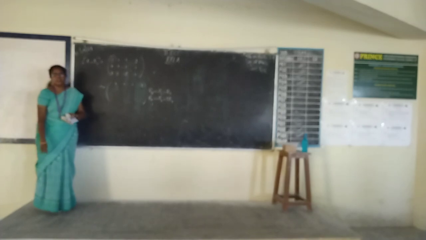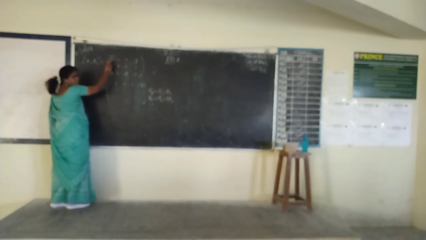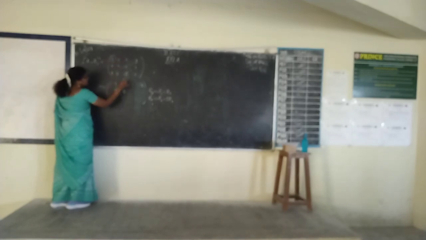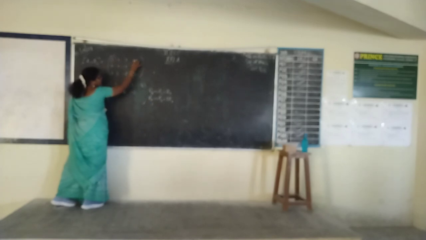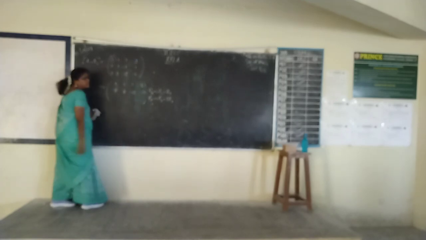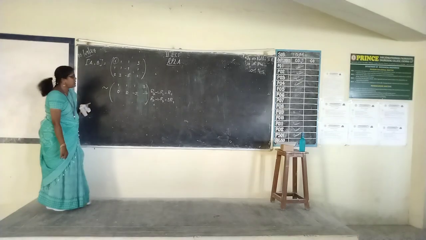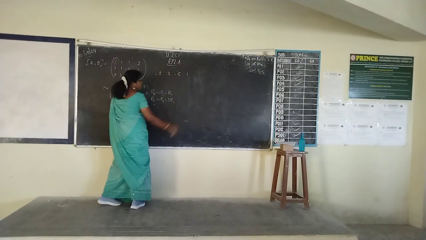So identify the new second row, R2 minus R1. So 1 minus 1 is 0, 1 minus 1 is 0, minus 1 minus 1 will give you minus 2, 1 minus 3 is minus 2. R2 minus R1. Identify R3: 3 3 minus 5 1.